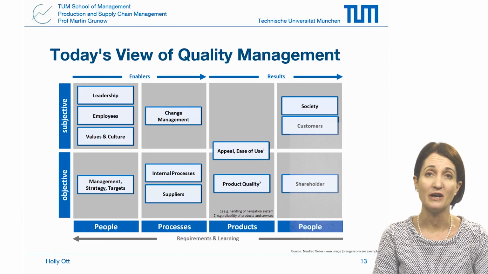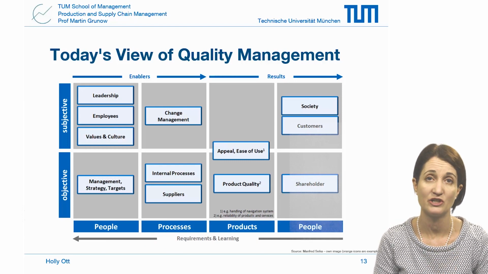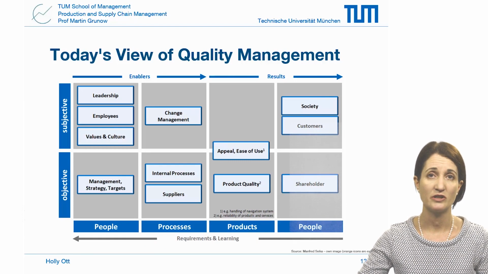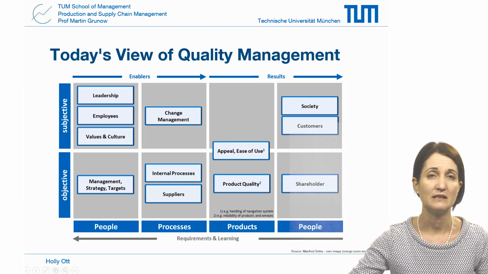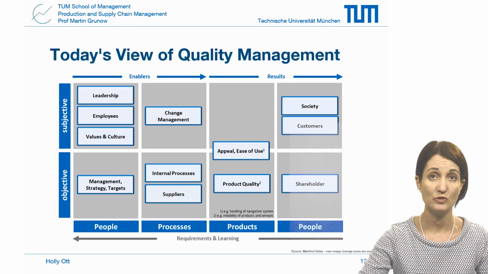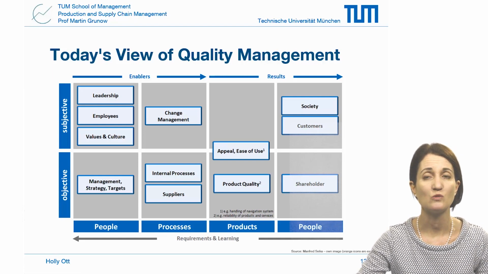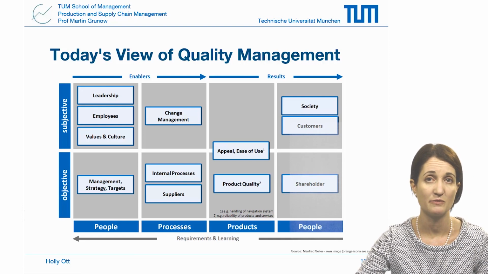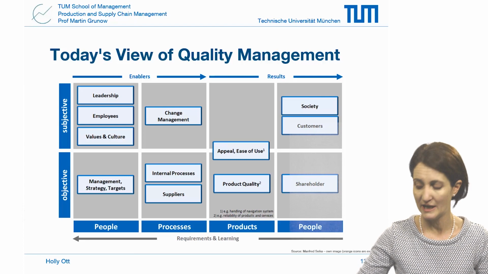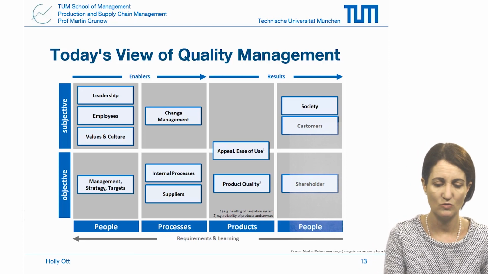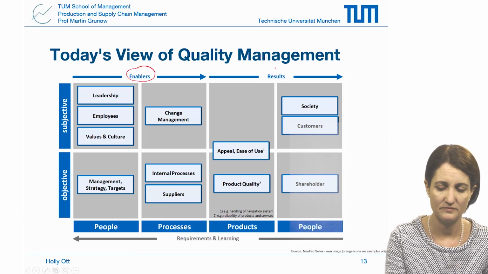So here we have an excerpt from a presentation given by Dr. Manfred Seika, who's here in Munich, and he sometimes gives this to the TUM students. He's worked many, many years in quality management in the automobile industry. And he shows quality management as a set of enablers and results.